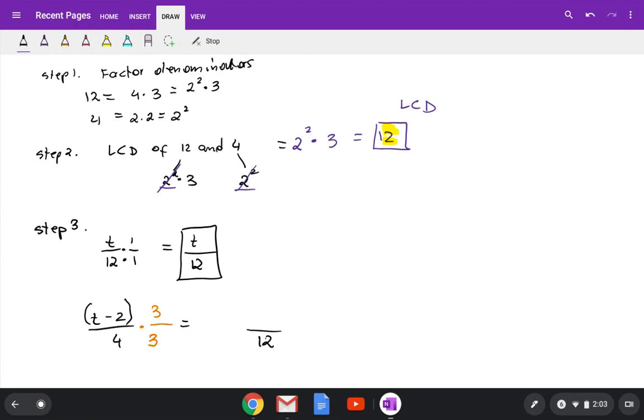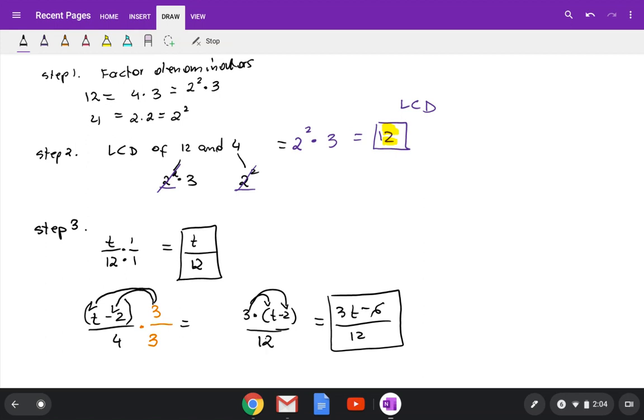So you multiply t minus 2 times 3. Using the distribution, 3 times t is 3t, and 3 times negative 2 gives you negative 6, over 12.